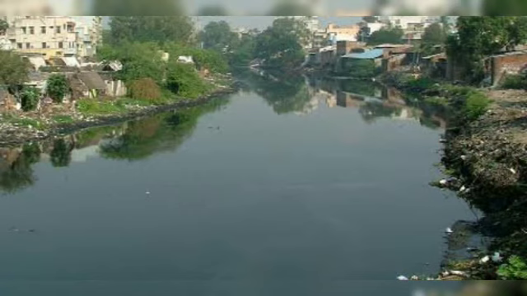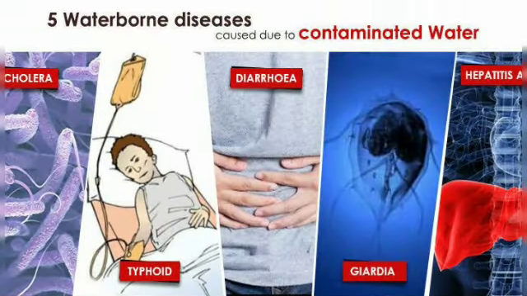This contaminated water may even lead to diseases that cause death. Apart from this, there are a lot of skin diseases, some breathing problems, dysentery, cholera, all this, if you are not going to maintain sanitation.